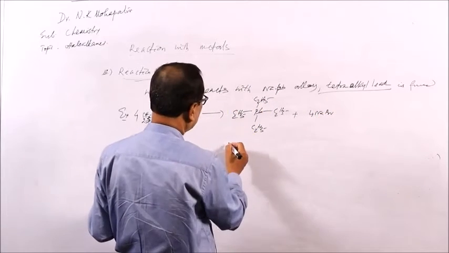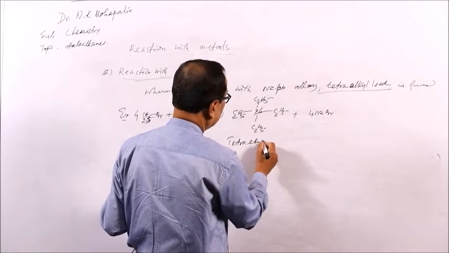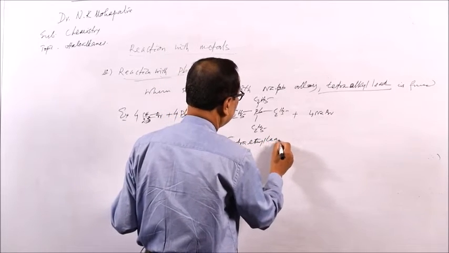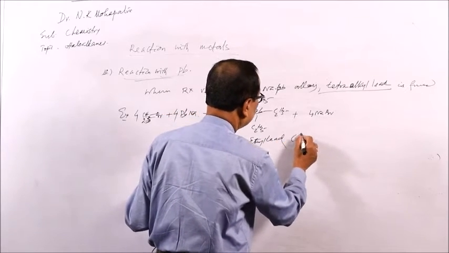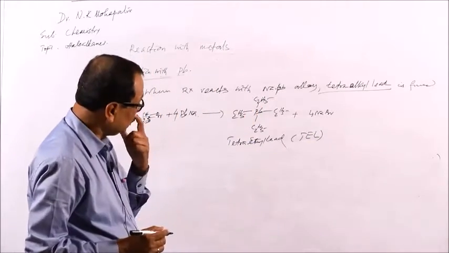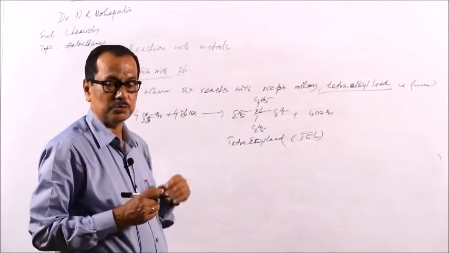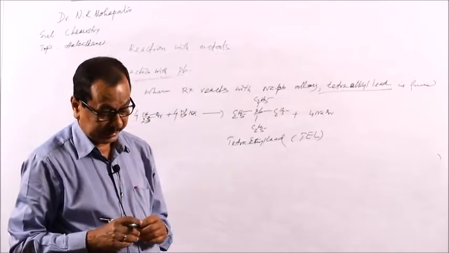So this one is called tetraethyl lead, which is otherwise called TEL. Tetraethyl lead is a synthetic compound which is used as an anti-knock material in petroleum vehicles.